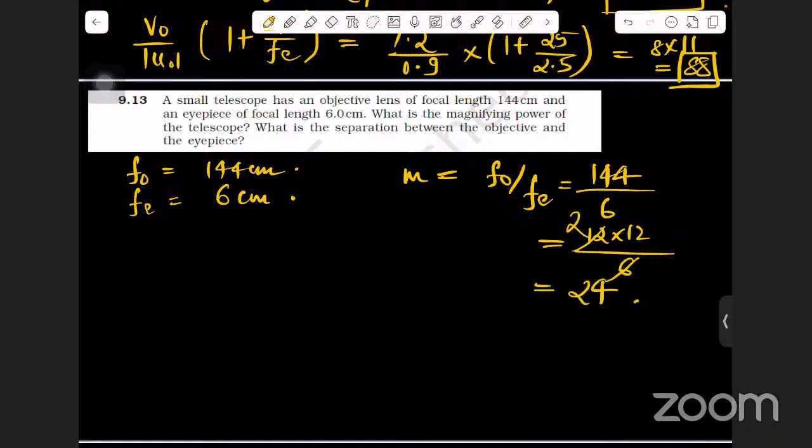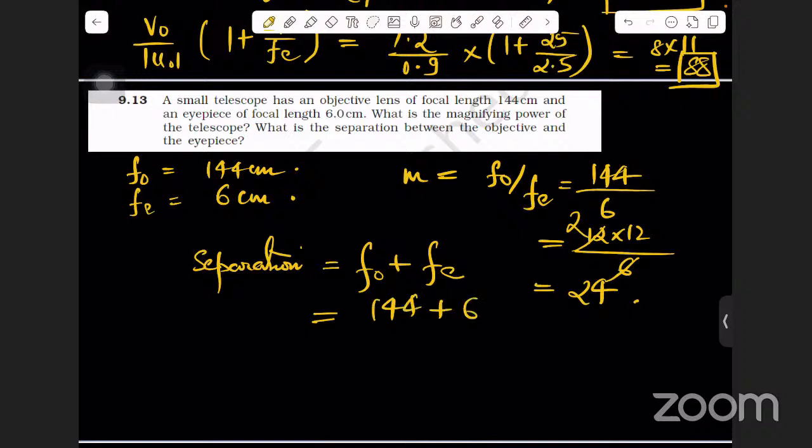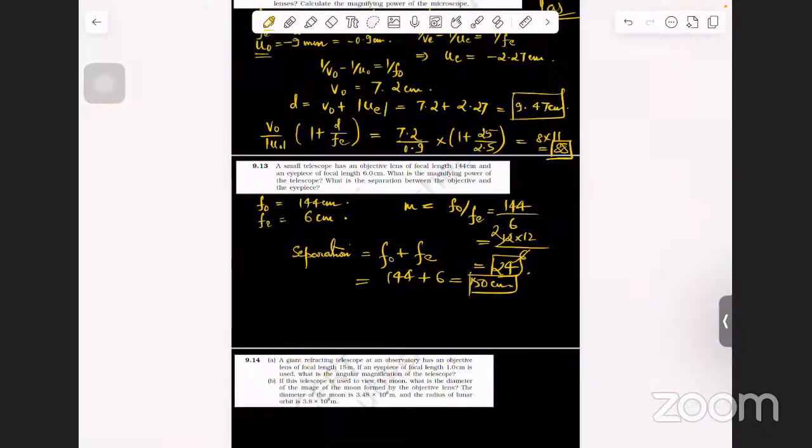The magnification is 24. And the separation for a telescope is f naught plus fe, right? These are direct formula based questions. So f naught plus fe, 144 plus 6, which is 150 centimeters. Okay. These are formula based questions.